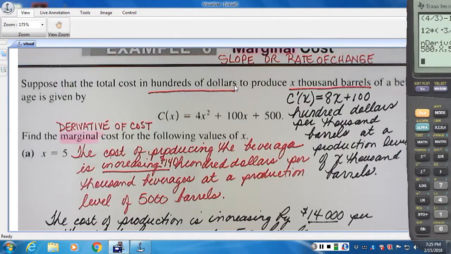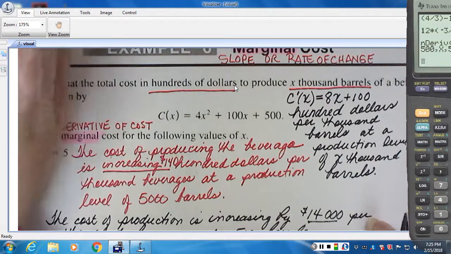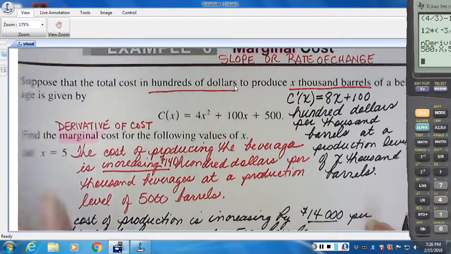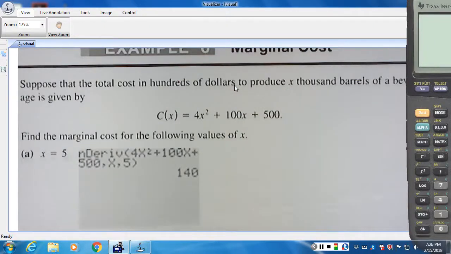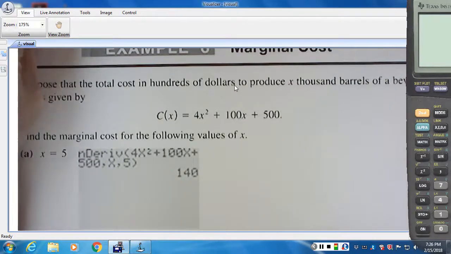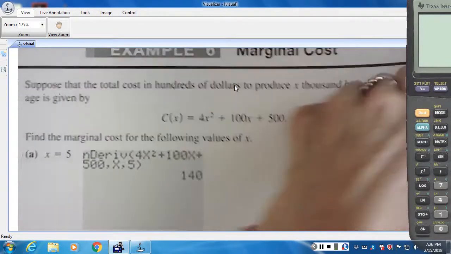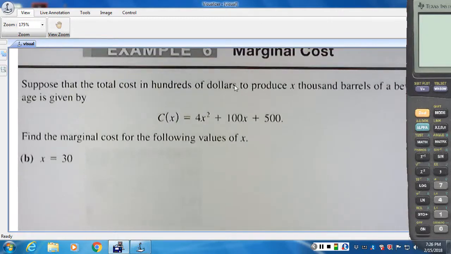Just disappears. Now, the next part of this problem, this is why nDeriv is such a nice thing to have, as well as having your actual function. In part B, they're going to ask us about a different production level, a production level of 30,000 barrels.